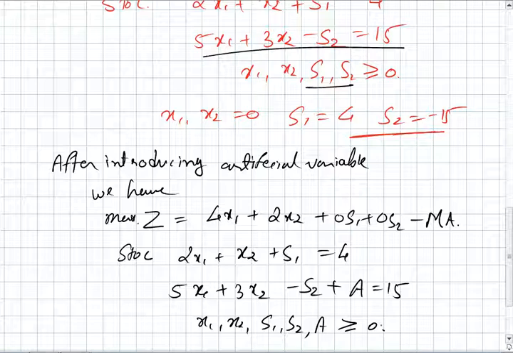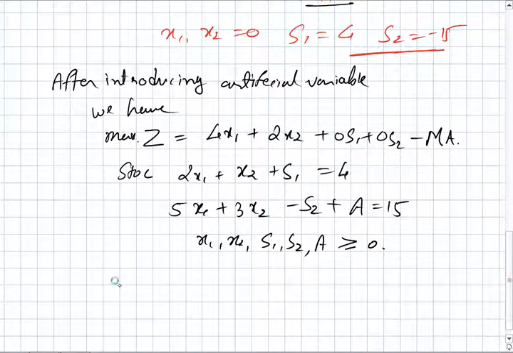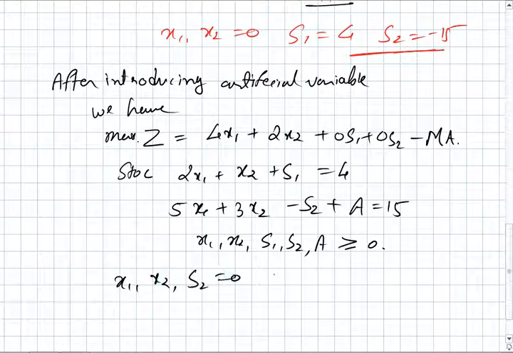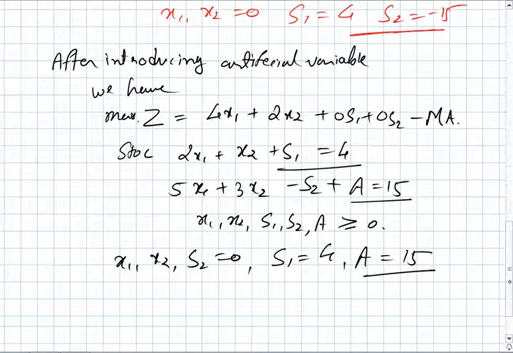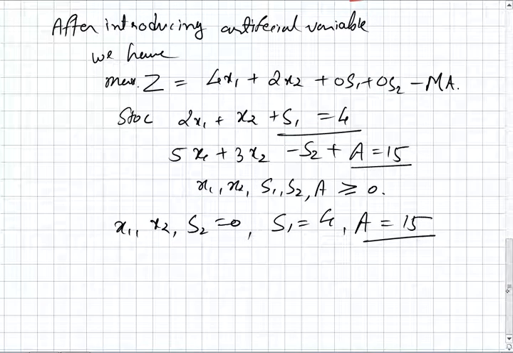So this is the standard form, and to get the initial basic feasible solution we take x1, x2 and s2 as 0. Then s1 will be 4 from the first constraint and the artificial variable's value is 15 from the second constraint. Now we have to make the simplex table for this.